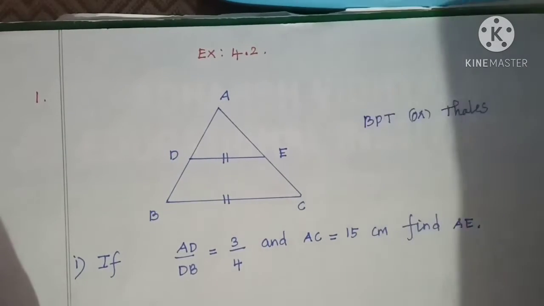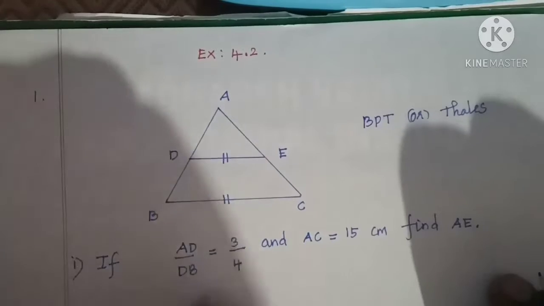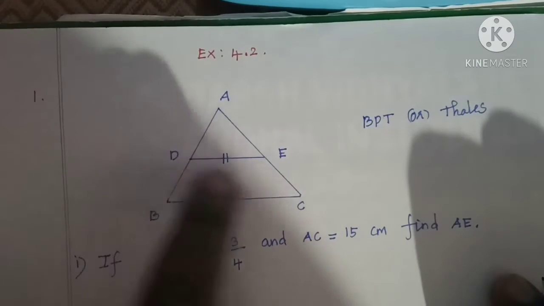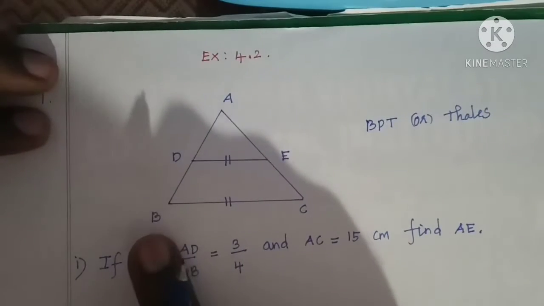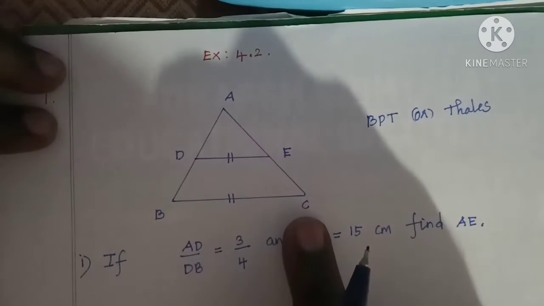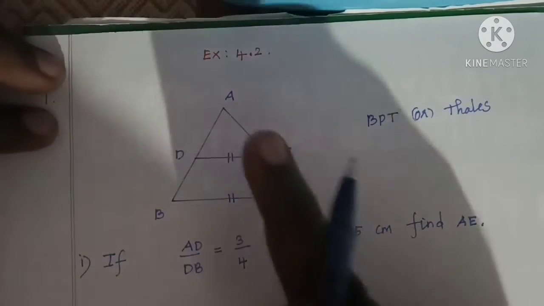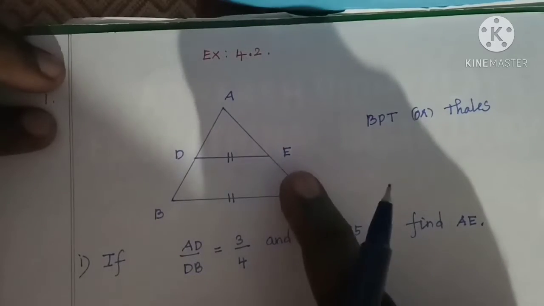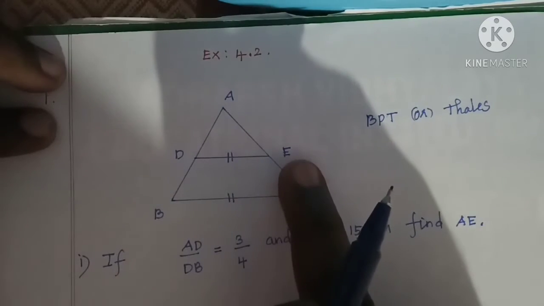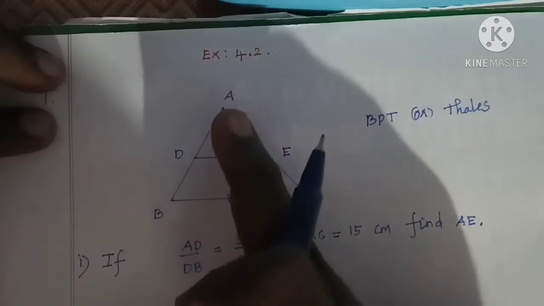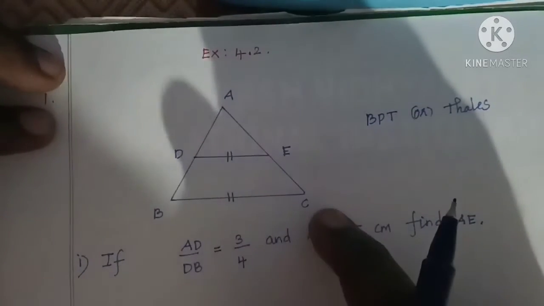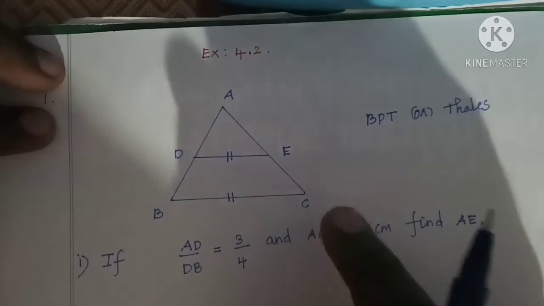It states that if a straight line DE is drawn parallel to any one side of the triangle ABC, so in a triangle ABC I have drawn a straight line DE parallel to the side BC, it divides the other two sides AB and AC in the same ratio.